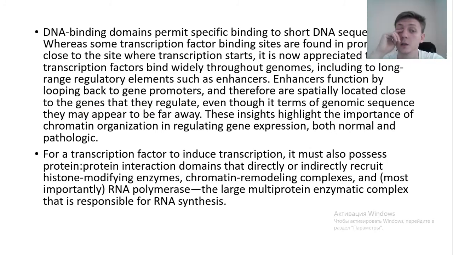Enhancers function by looping back to gene promoters and are therefore spatially located close to the genes they regulate, even though in terms of genomic sequence they may appear to be far away. These insights highlight the importance of chromatin organization in regulating gene expression, both normal and pathologic.